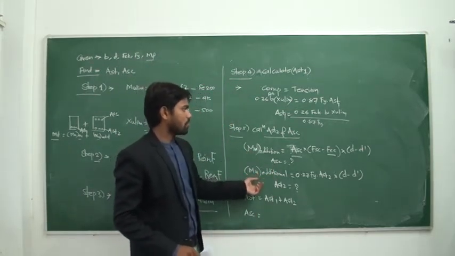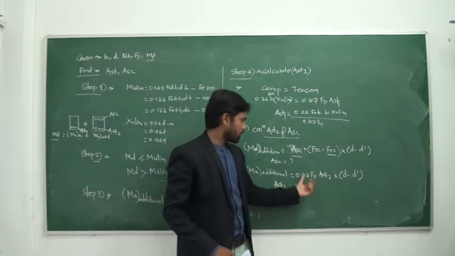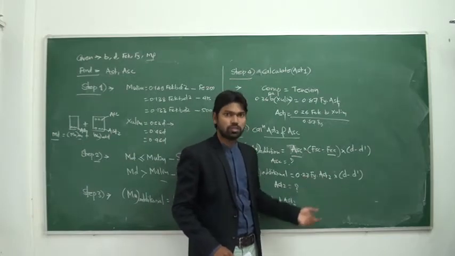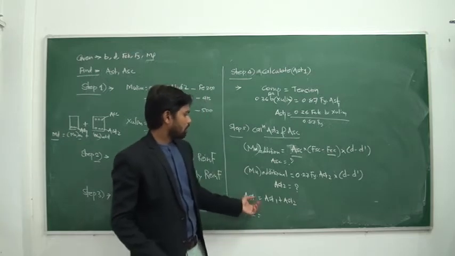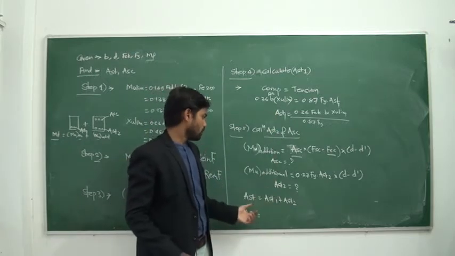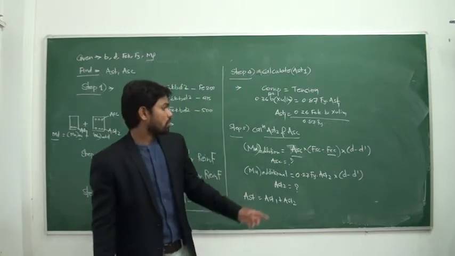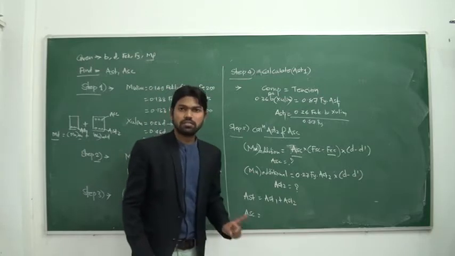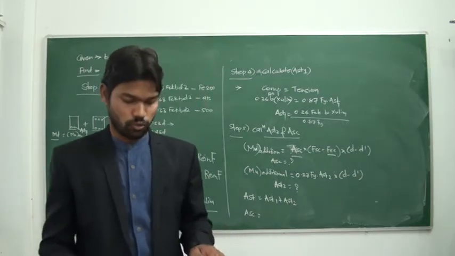Similarly, by using the same equation but changing this particular term, that is, for compression you substitute the tension 0.87 Fy AST2, you will calculate the AST2 value. Then by adding AST1 and AST2 you will get total AST. In the answer you have to mention two reinforcements, compression reinforcement and tension reinforcement.